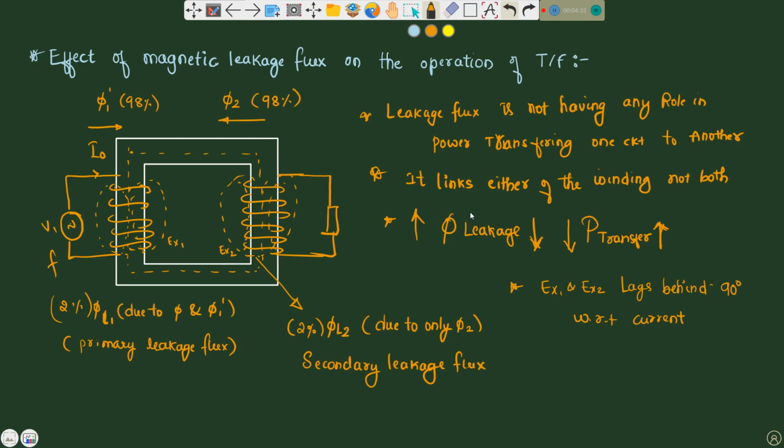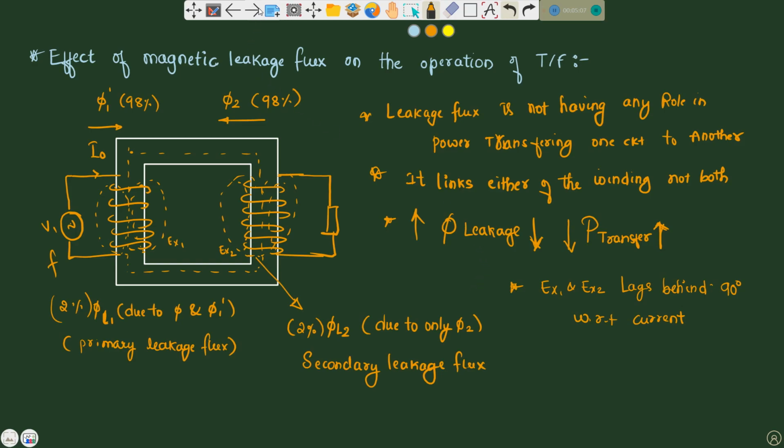As leakage flux increases, the power transfer capability is going to decrease. As leakage flux decreases, the power transfer capability is going to increase. And leakage flux is nowhere related with the power transfer from one circuit to another circuit. Always remember that leakage fluxes are in phase with the respective currents, always in phase.